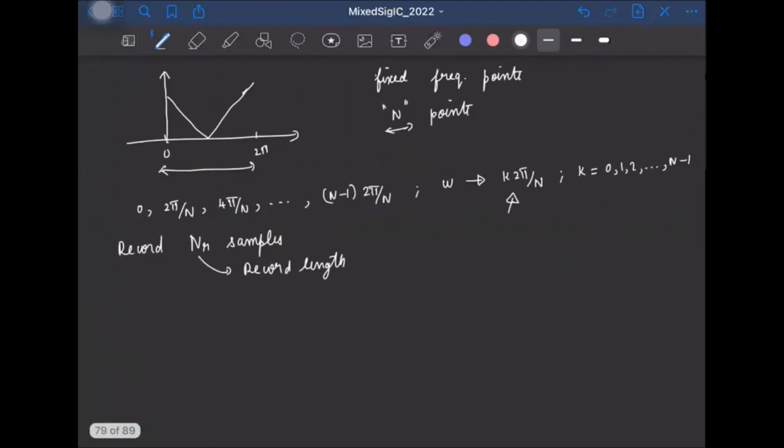First let's write the original equations for the discrete time Fourier transform. So X of omega is summation n equal to minus infinity to plus infinity x of n e power minus j omega n.